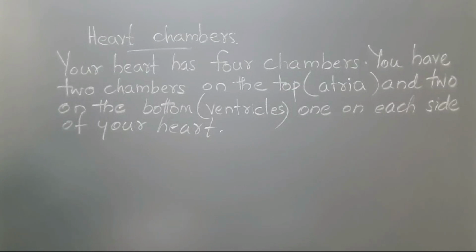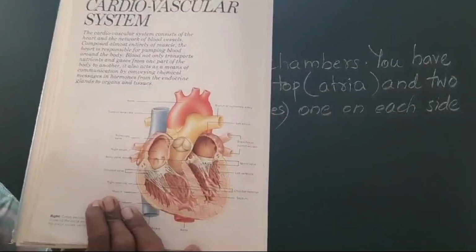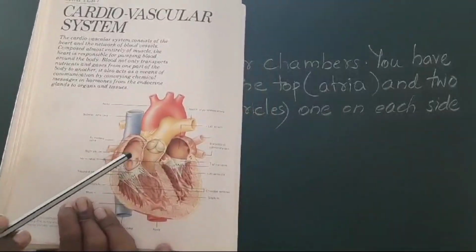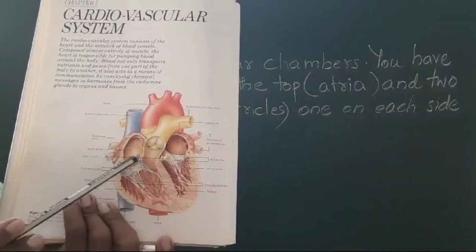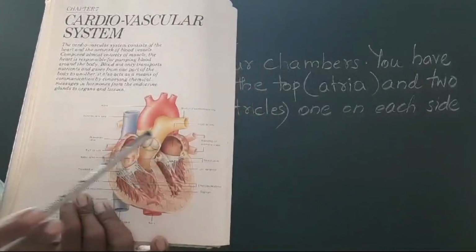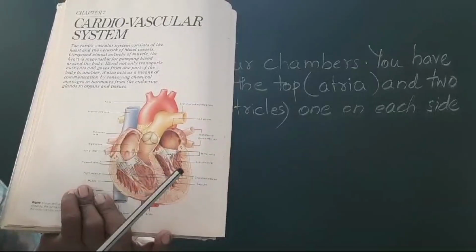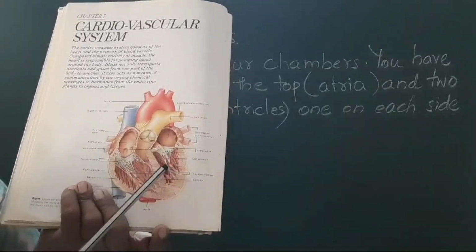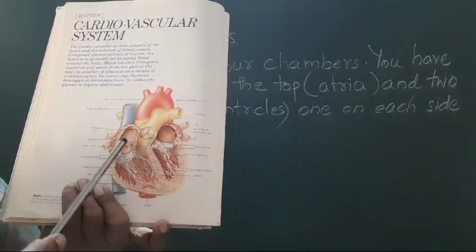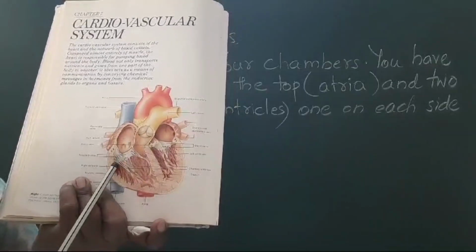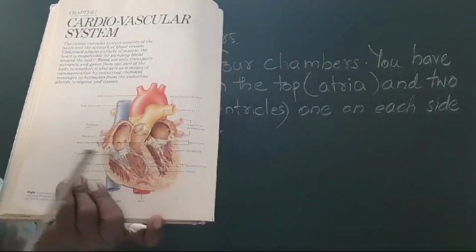Here is the right atrium, this is the left atrium. Here is the right ventricle and here is the left ventricle.